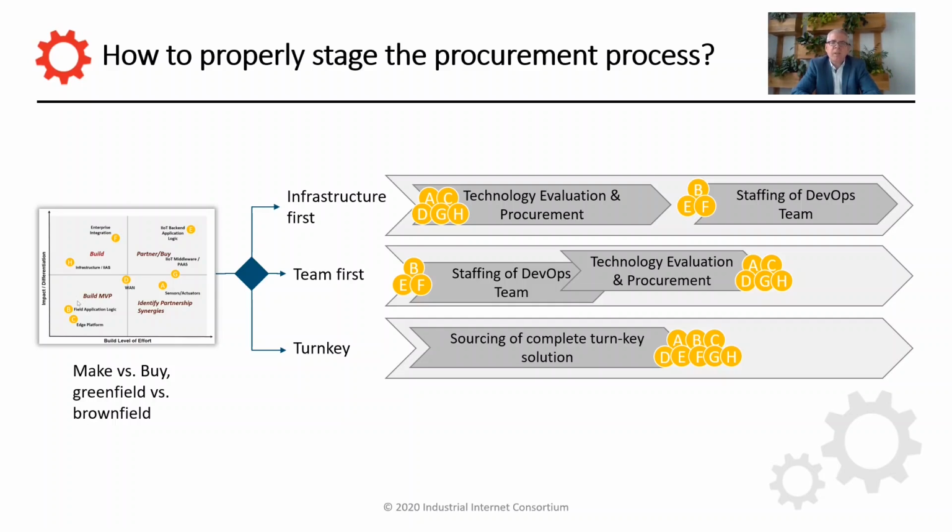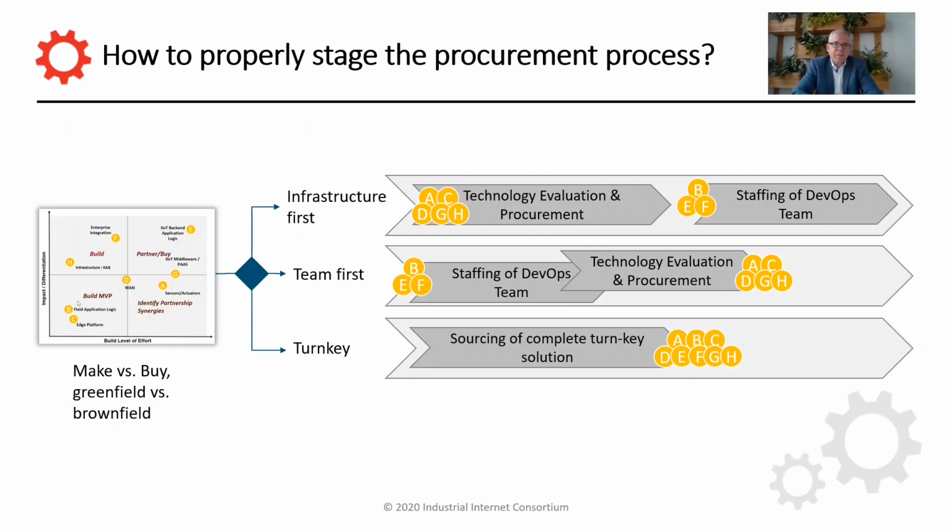So for example, if it's more like a brownfield project, then most likely you'll be looking at an infrastructure first type of project, where you basically do the technology evaluation and procurement first before then making a decision, for example, on a system integrator that's delivering you the development and potentially also the operations and maintenance of the solution.